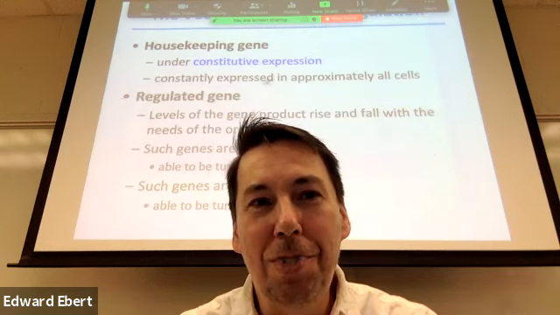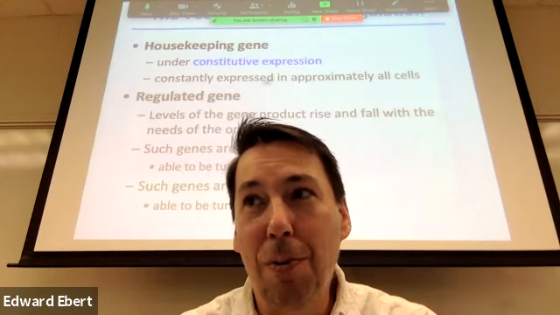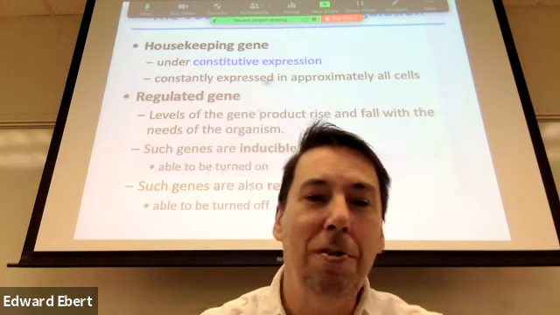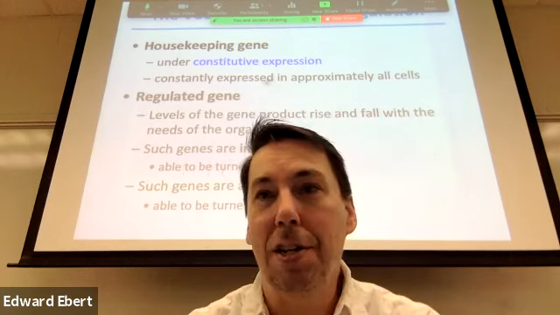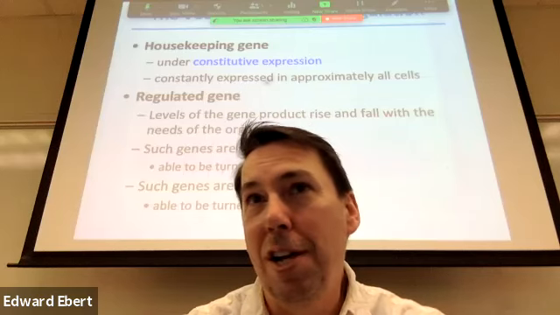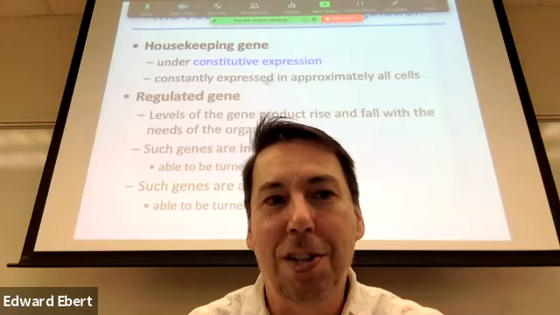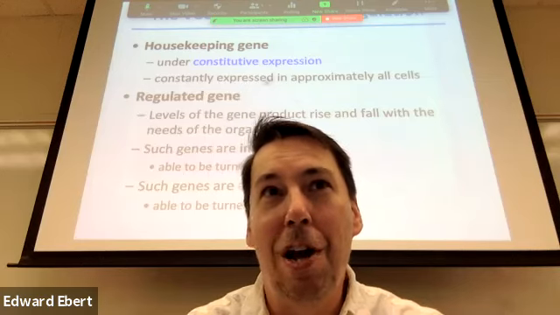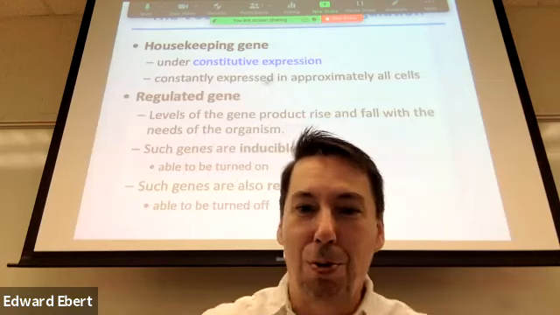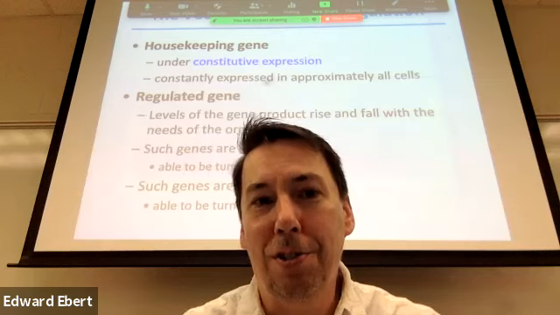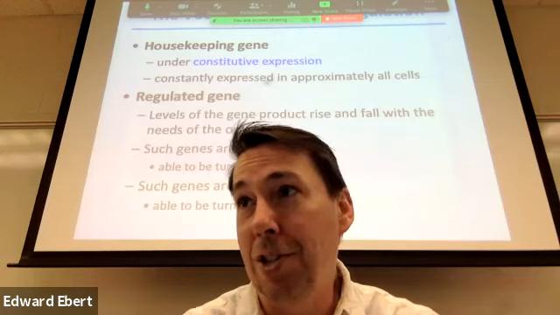So let's just for today end up with a little bit of vocabulary and definitions. You often hear somebody talk about a housekeeping gene. This is basically something that's under constitutive expression. And this is probably a sexist term that dates back decades. You think, well, what do you need in the house? You've got to have an iron, you've got to have a broom, something like that. So all the stuff that you need for a house is like all the stuff that you need for the cell to just keep it active.